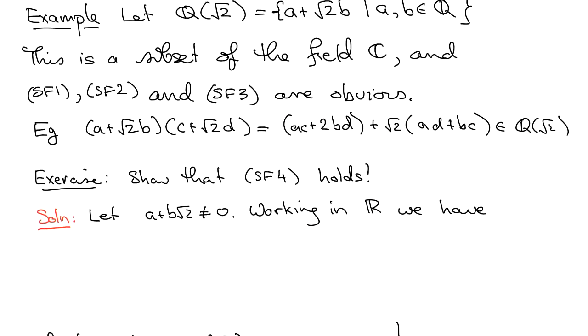So let's do that. And you do that by first working in the real numbers or the complex numbers. Let's work in our bigger field. In this more natural, smaller field, there's a plus root 2 b, or b root 2, how we've written it up above. The reason that's not clearly in our set Q adjoin root 2 is because it's not written as a rational number plus another rational number times root 2.